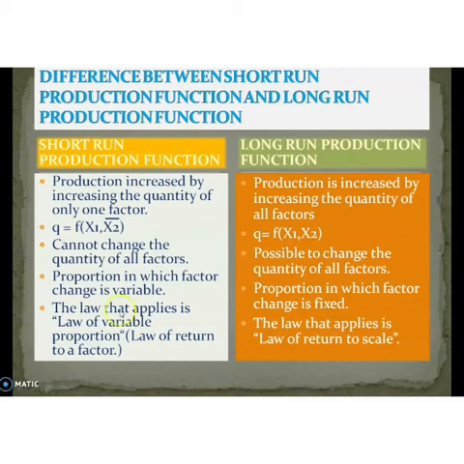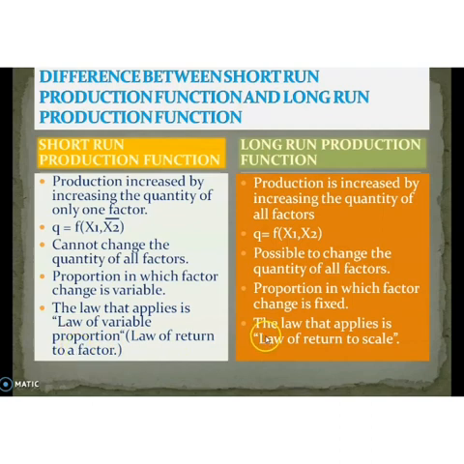So in the short run production function, the law that applies is the law of variable proportion, otherwise known as the law of return to a factor. Here the output is the function of one factor. That's why this law is known as the law of return to a factor.